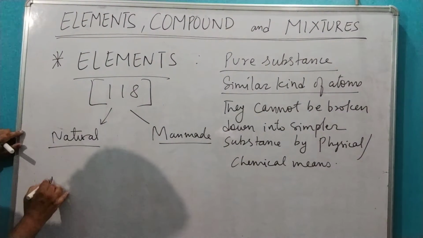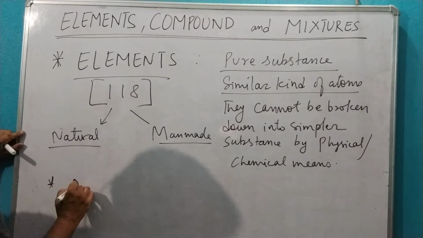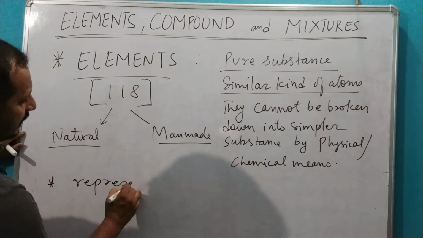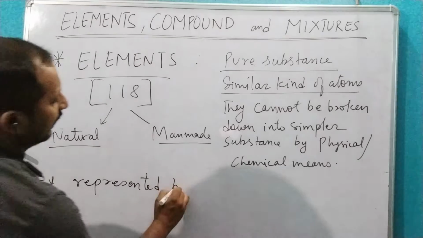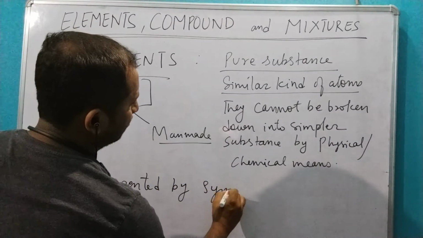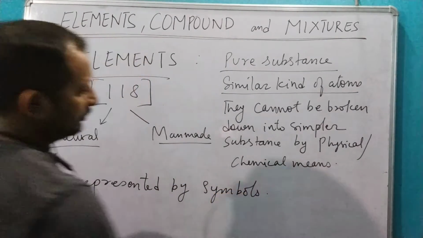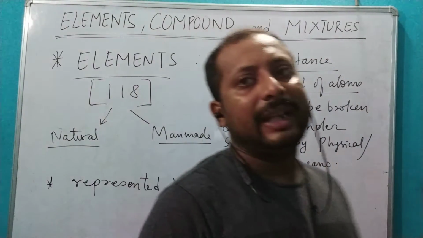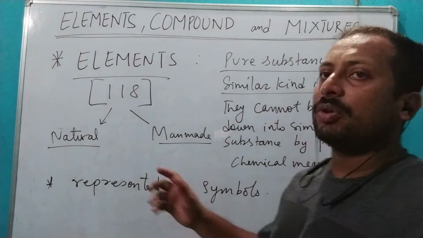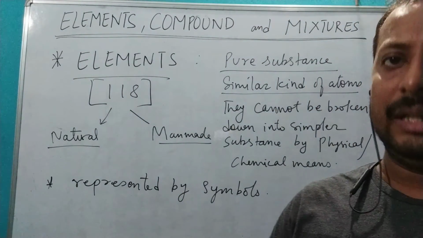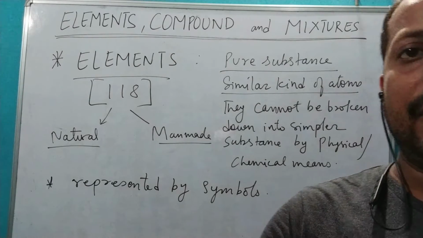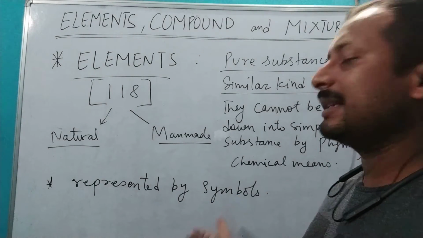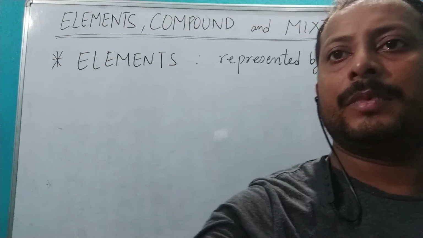Elements are generally represented by symbols. When we write the symbol of an element, it is always written with a capital letter first. I will help you out with how we write the symbols of elements.